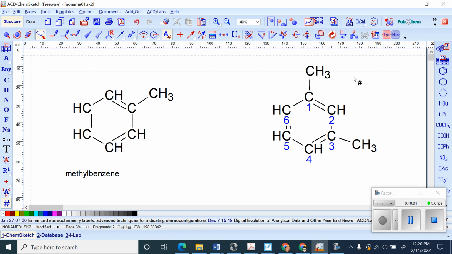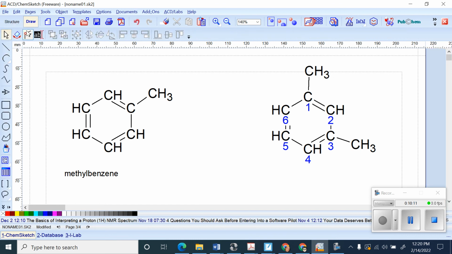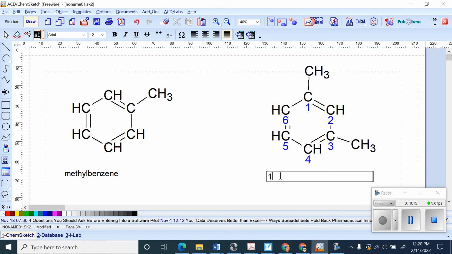So that becomes 1,3-dimethylbenzene. 1,3-dimethylbenzene.